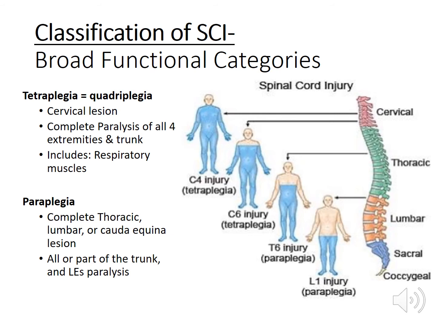Your patient is either going to be a tetraplegic or quadriplegic, which is the same, which means that this patient had a lesion of the cervical spine. Therefore it is going to lead to complete paralysis of all four extremities as well as the trunk, and may include the respiratory muscles as well.